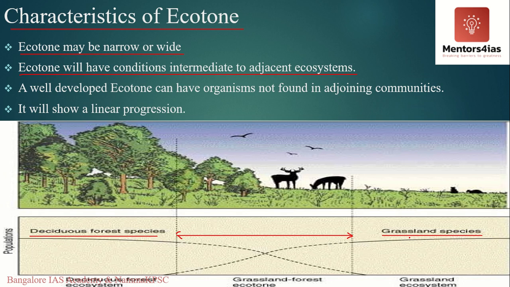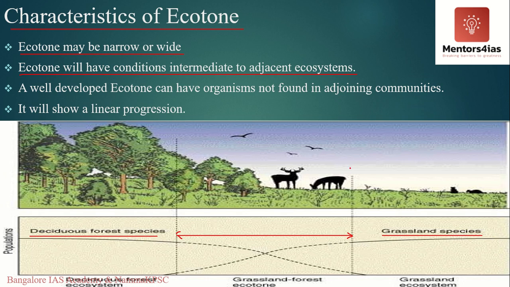Now since you have intermediate conditions between the adjoining ecosystems within the transition zone, this ecotone is a region where the two ecological systems are going to meet, are going to mingle, and also sometimes may form a new community itself.